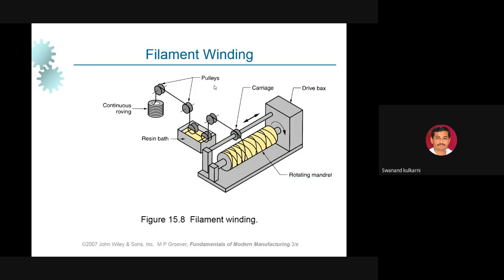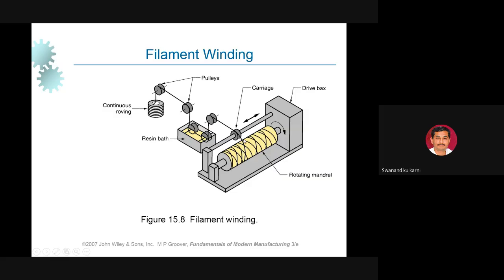Whatever filament is wound here is then allowed to pass through this resin bath, and from the resin bath it will be wound on this rotating mandrel.